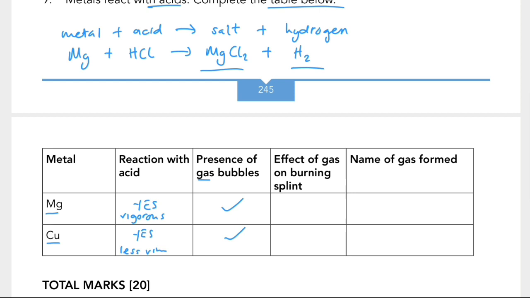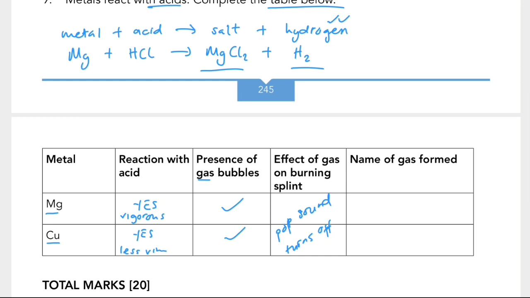Then we have the effect of the gas on a burning splint. The gas that is produced is hydrogen. Hydrogen here is our gas that is produced. So hydrogen, when you put it on a burning splint, it will produce the same result. Since we have hydrogen and hydrogen, they'll produce the same result. Then that result is that the burning splint has a pop sound and it turns off by that pop sound.